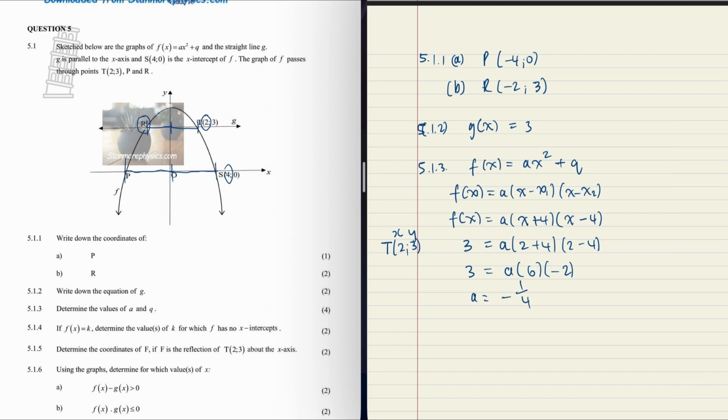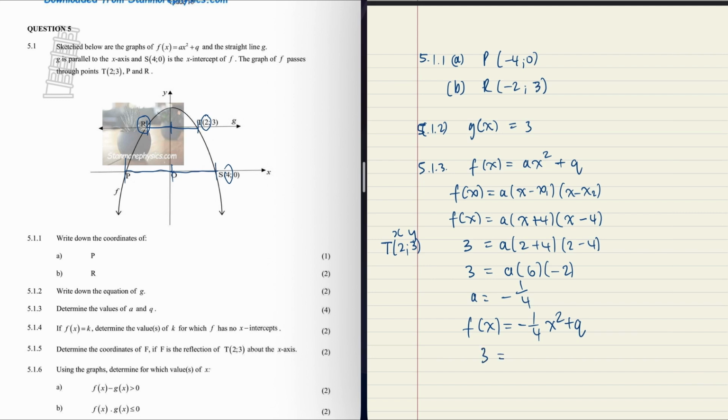So now I can write out my equation. I can say that f(x) = -1/4 x² + q. Now let's substitute the point T again.